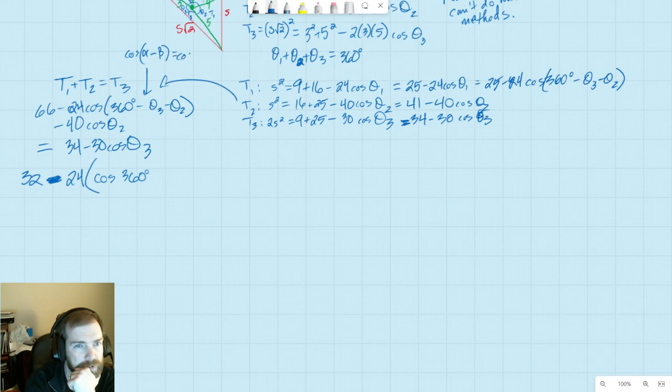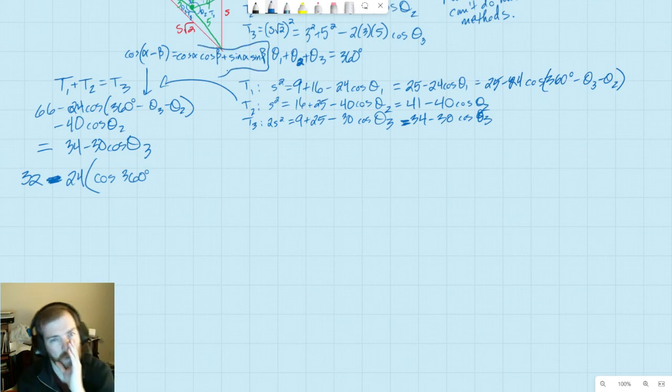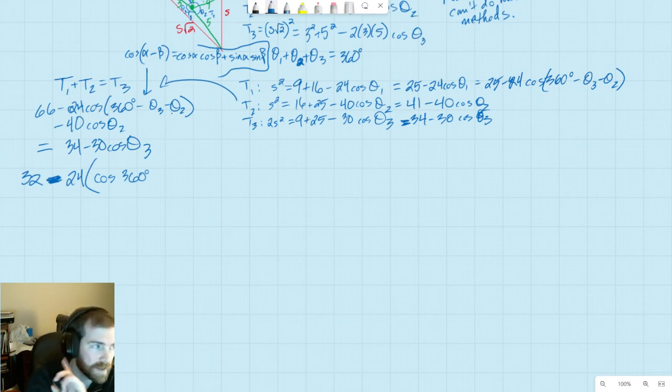It's going to be equal to cosine alpha cosine beta plus sine alpha sine beta. So if we do this one step at a time, this is going to be the cosine of 360 degrees, that's alpha, then minus beta, which is theta 2 plus theta 3.